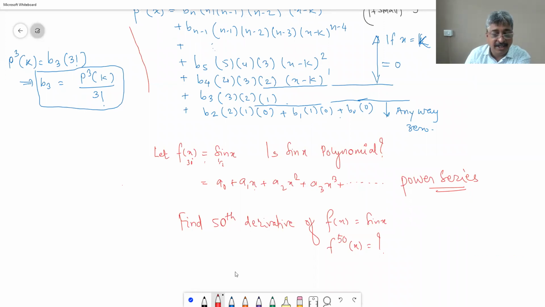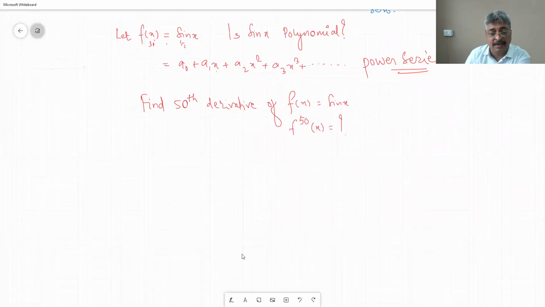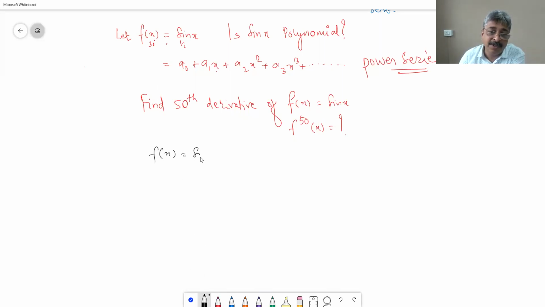Let us start studying the derivatives of sin x. F of x is equal to sin x. F1 of x is equal to cos x. F2 of x is minus sin x.